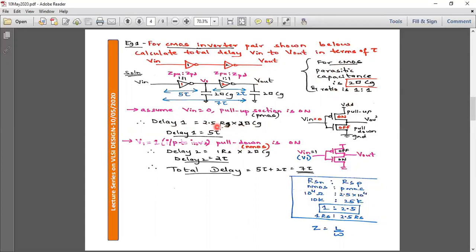Now what is the Rs value? The sheet resistance for NMOS is 10 raised to 4 ohm per square. For PMOS it is 2.5 into 10 raised to 4 ohm per square. So the ratio is 1:2.5: for NMOS it is 1, for PMOS it is 2.5.